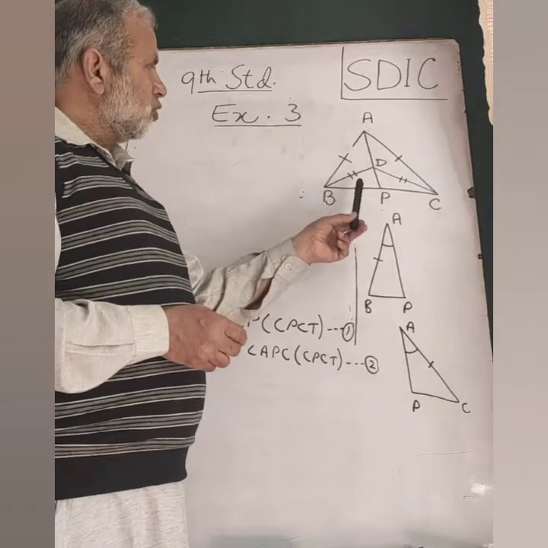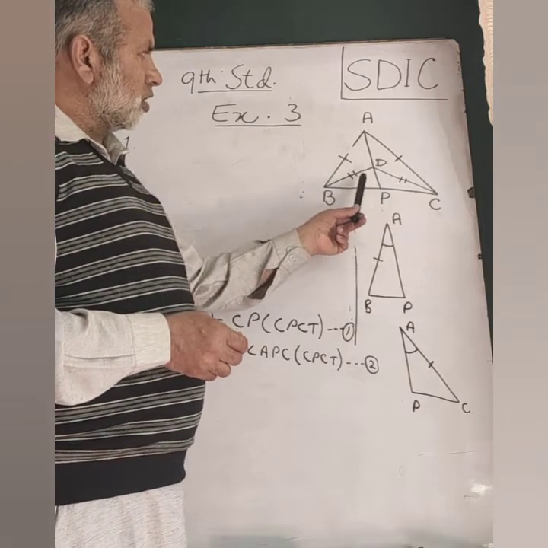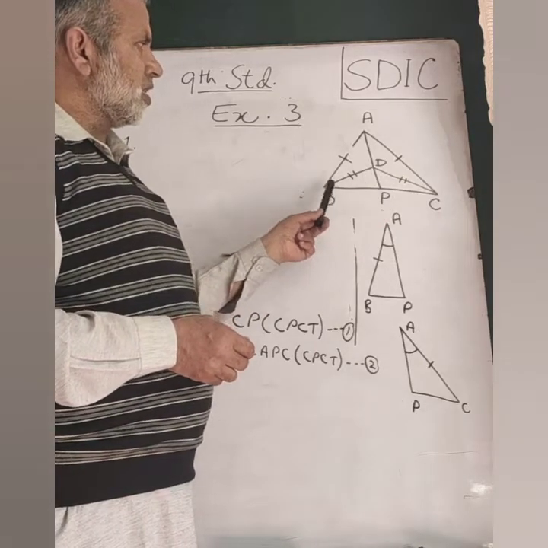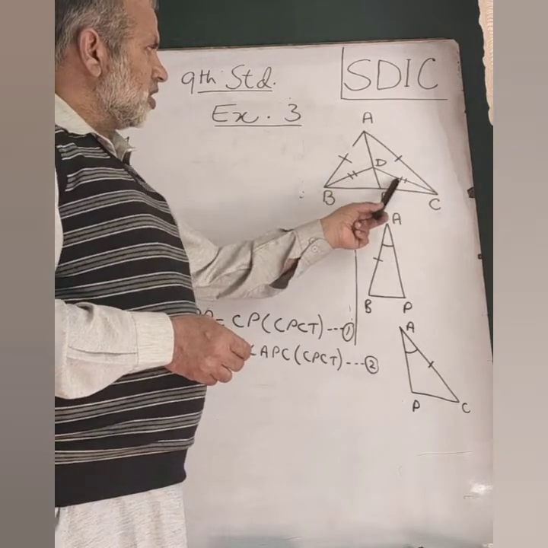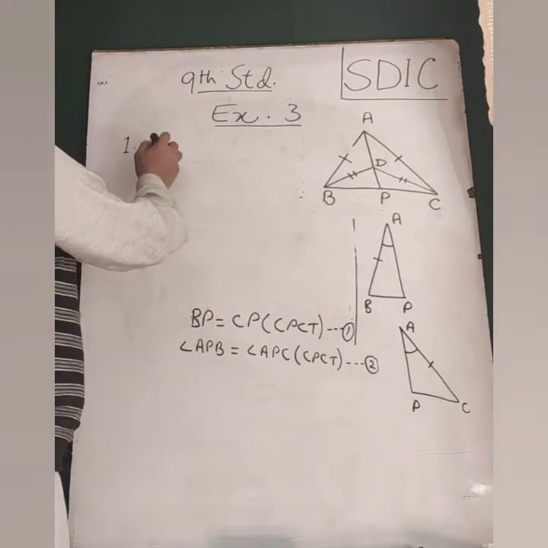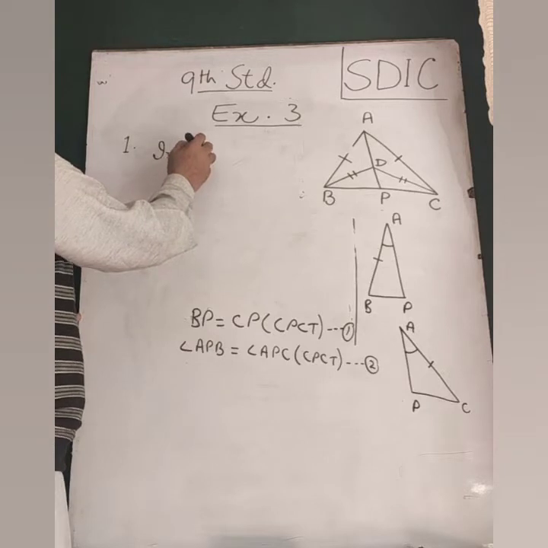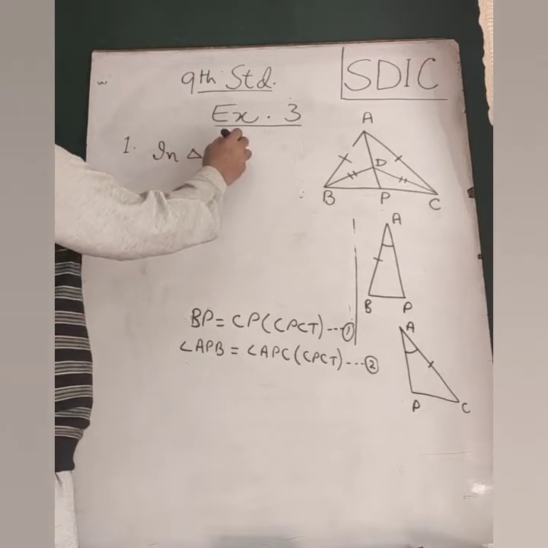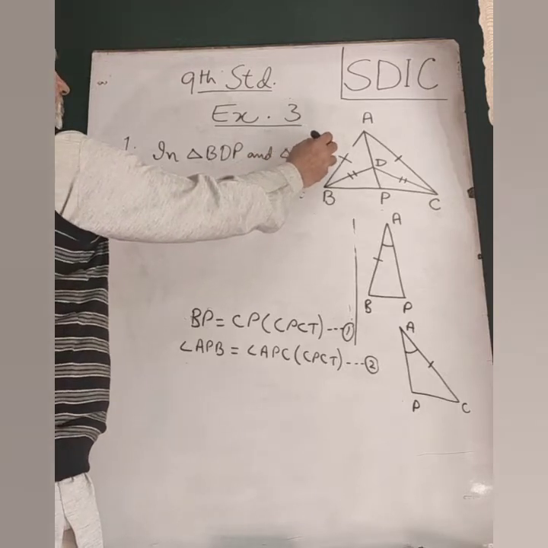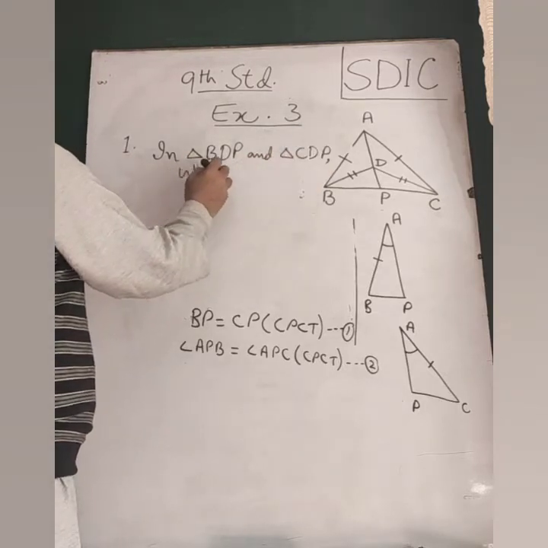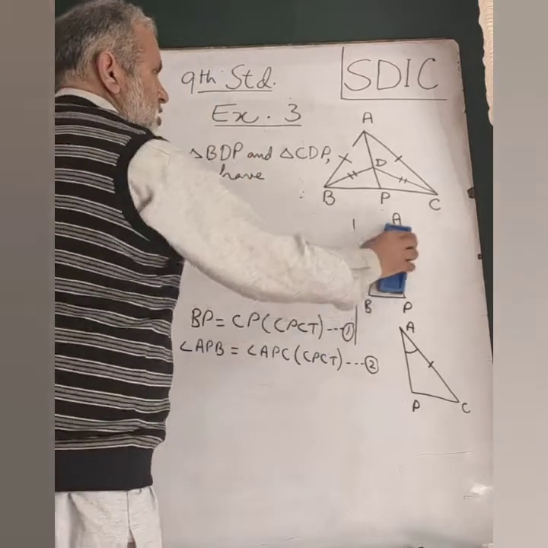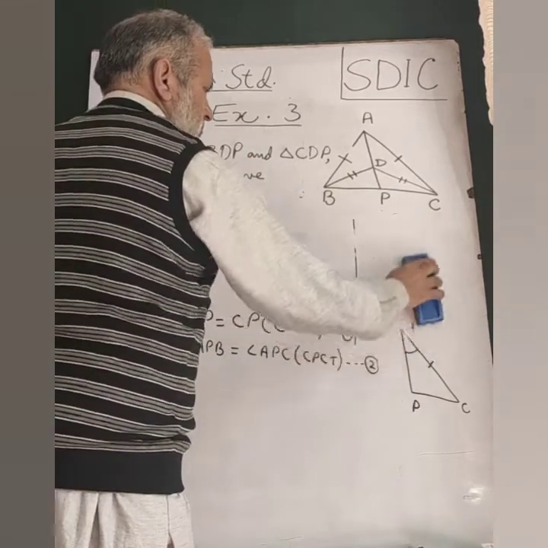To get that, you will have to prove these two triangles also congruent. Small triangles here. Left side triangle BPD, right side triangle CPD. Let us consider now these two triangles. In triangle BDP and triangle CDP, we have, to prove their congruency, let us draw these also in the rough figure.